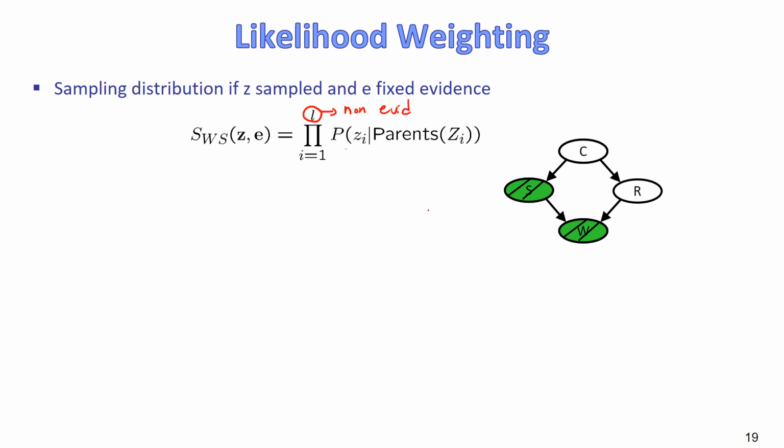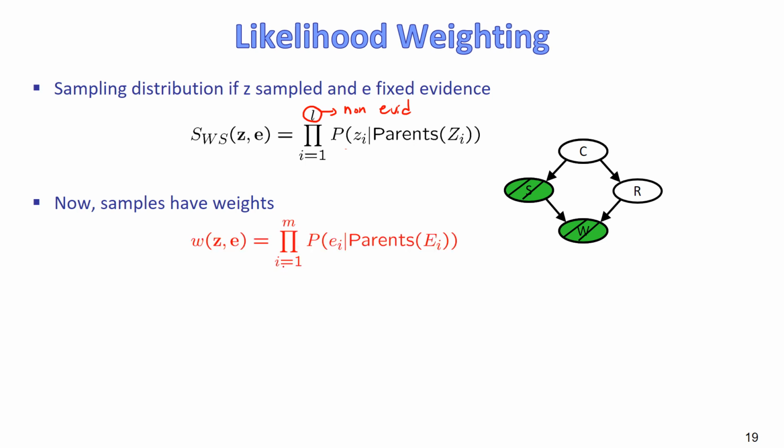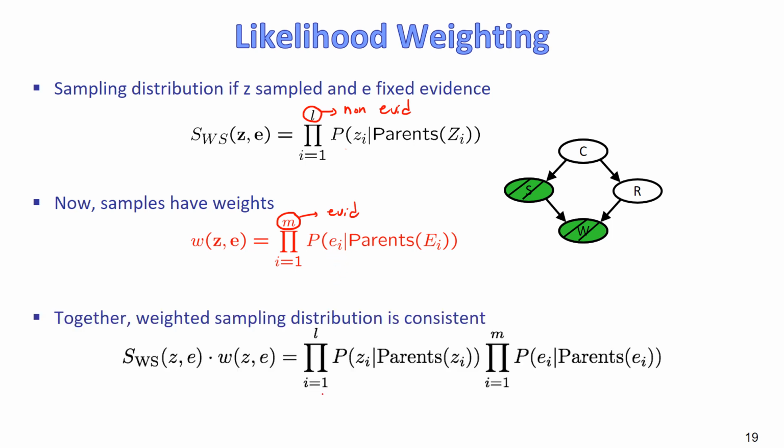Okay, so that's the sampling probability. But the samples also have weights, which is the multiplication of the probabilities of the evidence variables. So these are now the evidence variables. If we multiply both, this part is the sampling and this part is the weight.